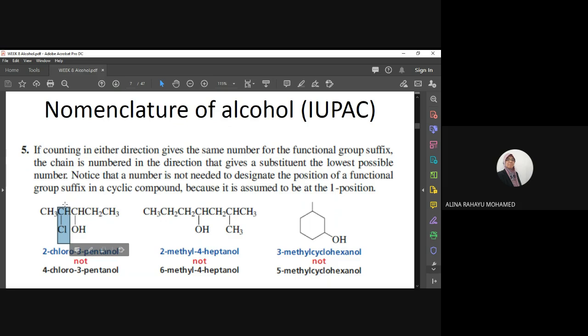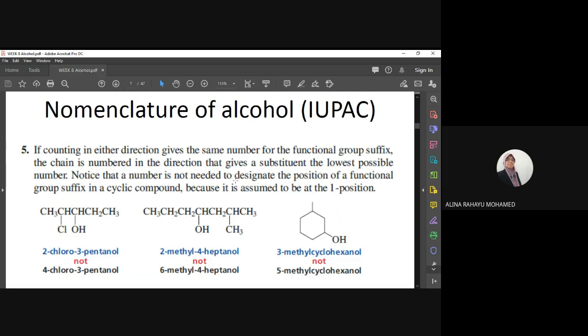In this case, because of rule number 5, this is considered 2-chloro-3-pentanol. Because if counting in either direction gives the same number for the functional group suffix, the chain is numbered in the direction that gives a substituent the lowest possible number. And notice that a number is not needed to designate the position of a functional group suffix in a cyclic compound because it is assumed to be at position one.